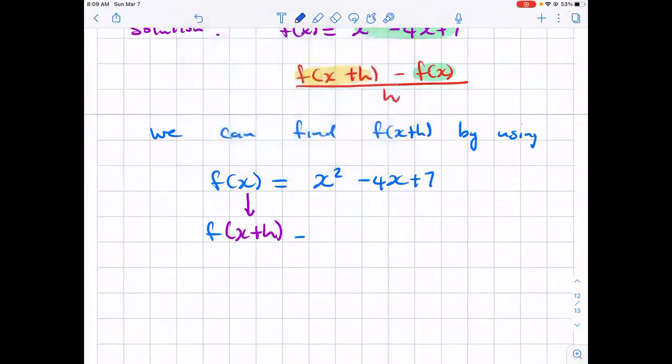This is going to be x plus h squared minus 4 times x plus h plus 7.